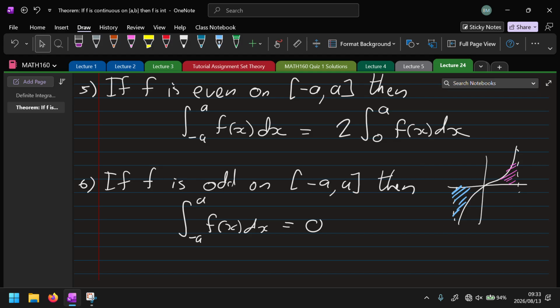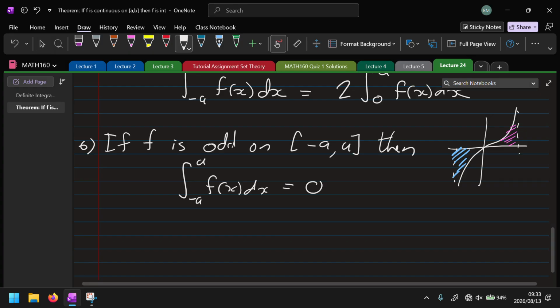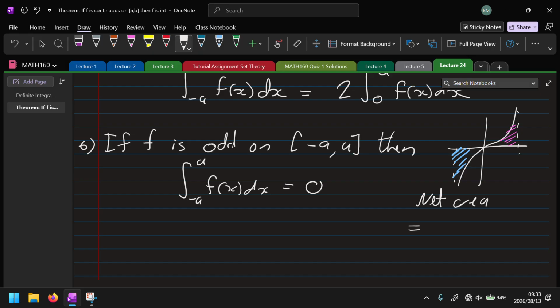That will be 0. So let's put a plus and a blue a. And then let's put a minus and then the pink a. Sorry, other way around. So we put a plus for the pink a, and then we put a minus for the blue a, but that's just going to be 0.